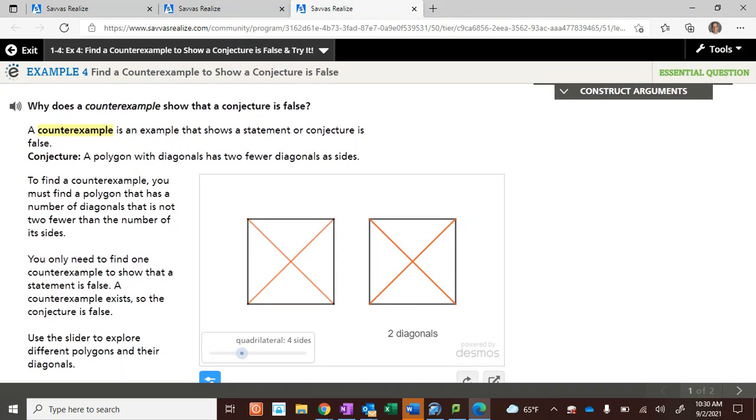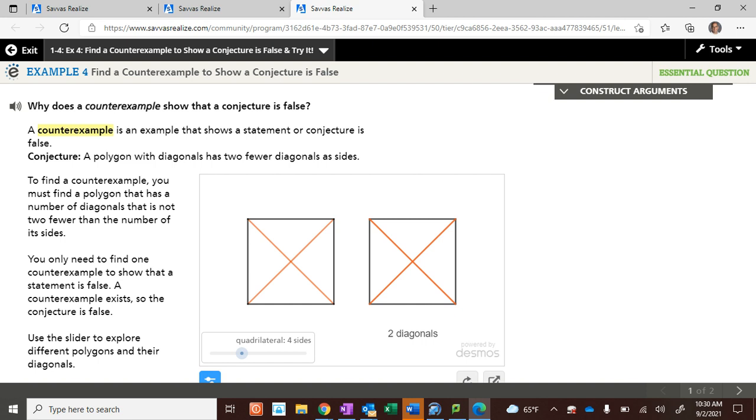So a student made a conjecture about diagonals of a polygon. This polygon has 4 sides and it has 2 diagonals. So they made the conjecture that there will always be 2 fewer diagonals than there are sides of a polygon. That sounds reasonable, right?